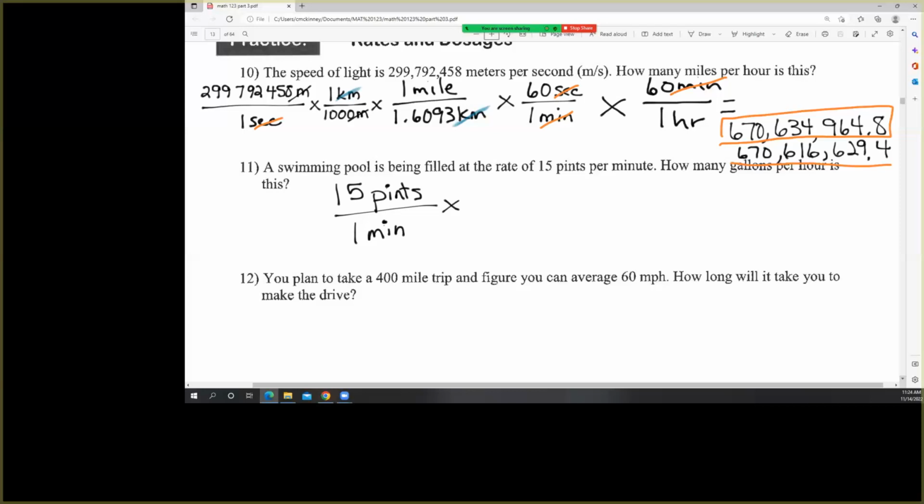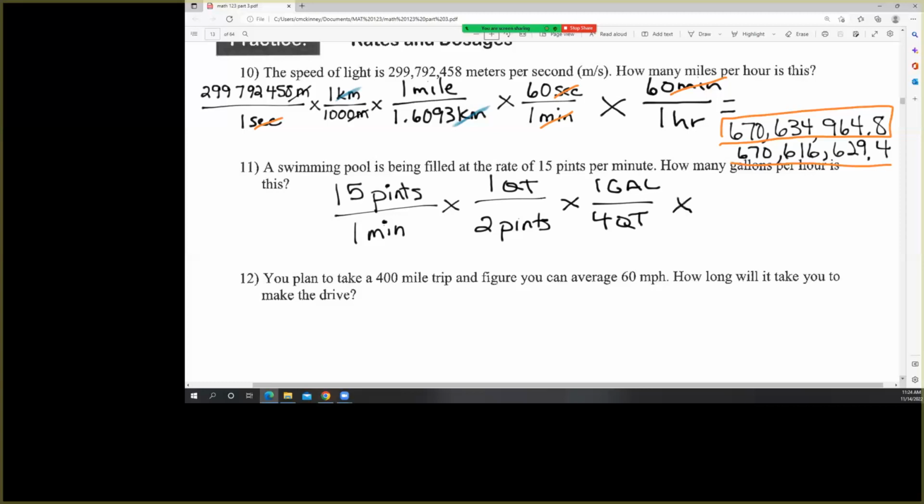If not, from the things on your list, you would go 2 pints is 1 quart, and then 4 quarts on the bottom is 1 gallon, which also means there are 8 pints in a gallon. That would get us into gallons.